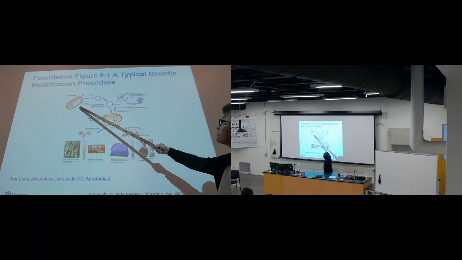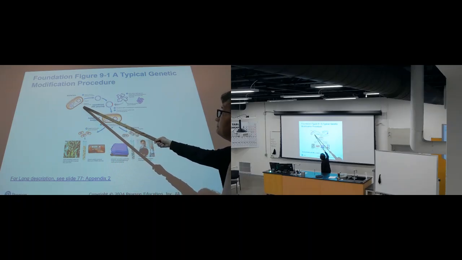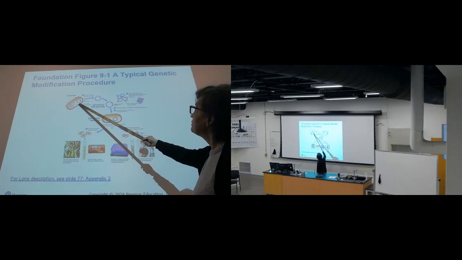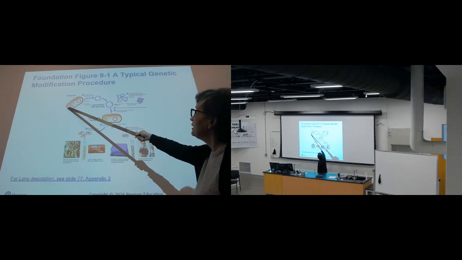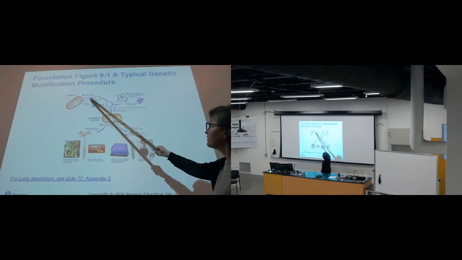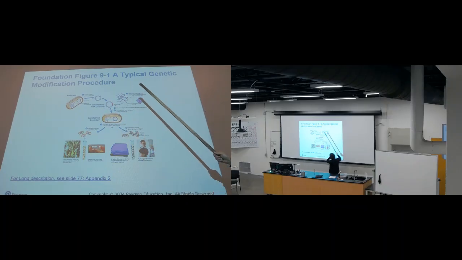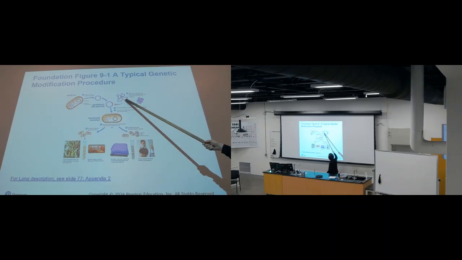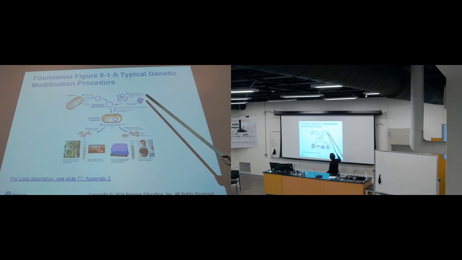So here we have this illustration for this process. You have a bacteria that has the nucleoid DNA here, and it has this plasmid. This plasmid can be extracted from this bacteria, and then you have your gene of interest coming from the species that you want to study.